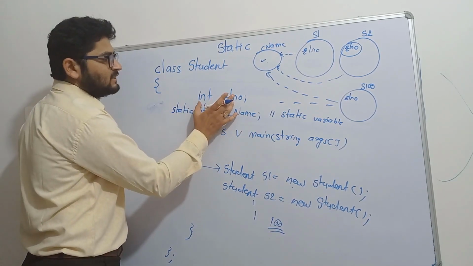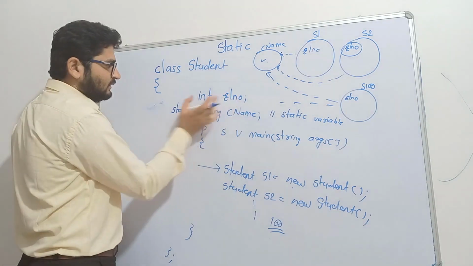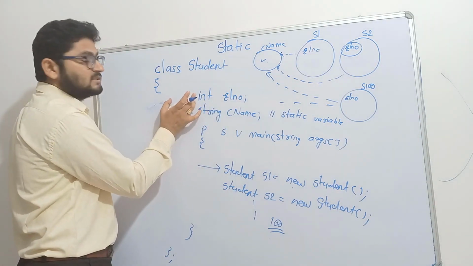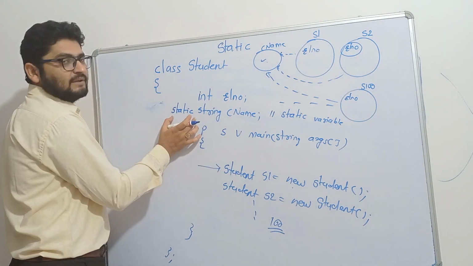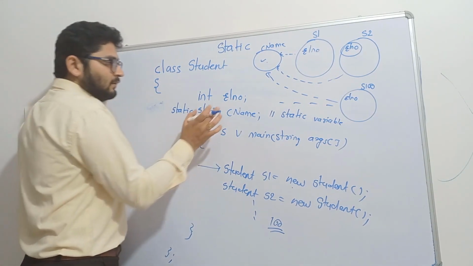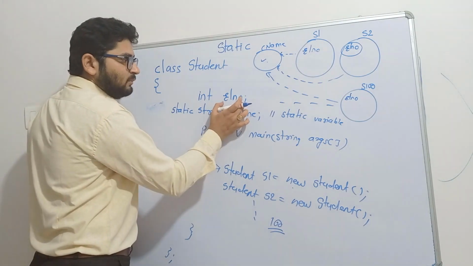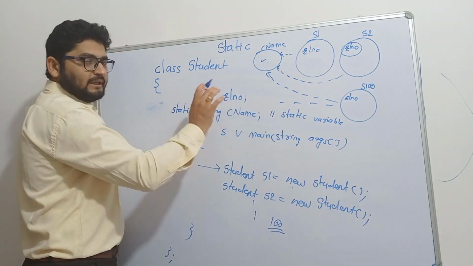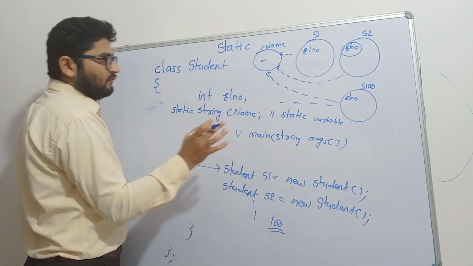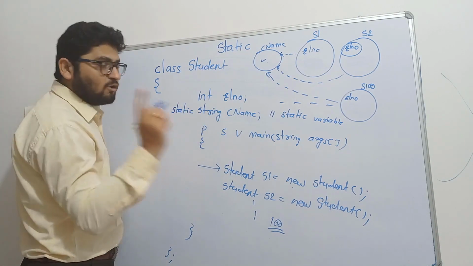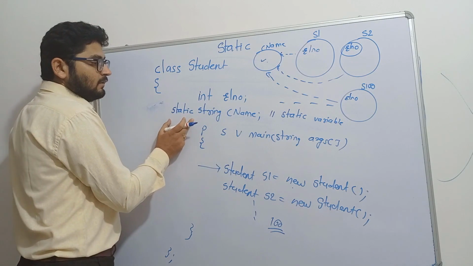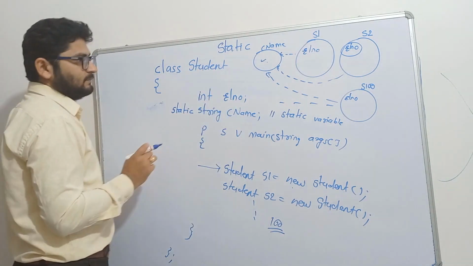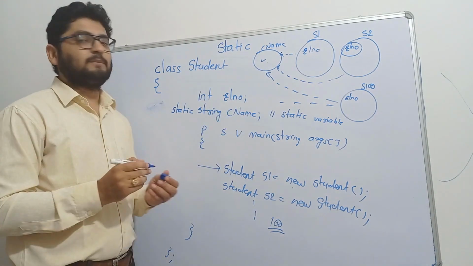The other one, before which we haven't written static, is a non-static variable. There will be a separate copy of the non-static variable for each and every object, whereas there will be only a single copy of the static variable that is shared among all the objects.